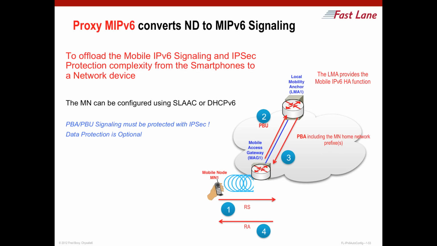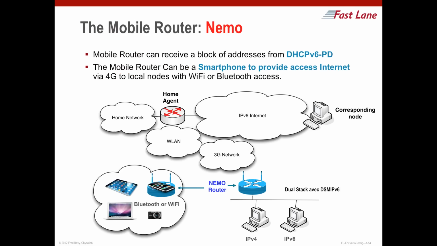Basically the local mobility anchor is the home agent, and the mobile access gateway is going to be the interface between the mobile nodes and the mobile network. And it will translate the neighbor discovery protocol to signaling like binding updates, binding acknowledgements, and everything.